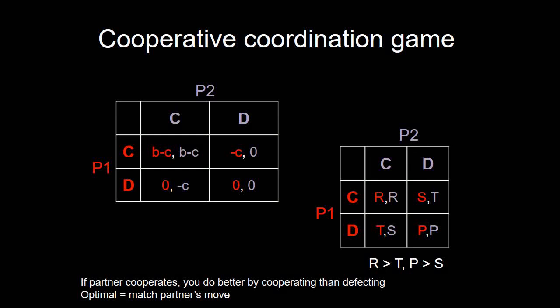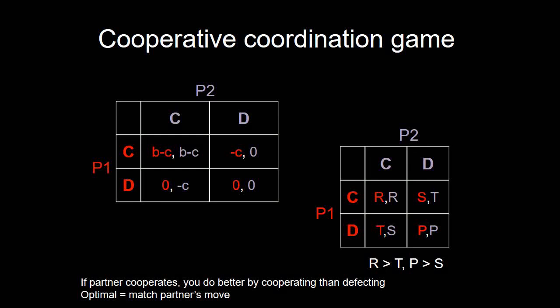And this is what's required for a coordination game in general, and for this to be a cooperative coordination game, that is to say that CC is better than DD, we also want R to be greater than P, so that again the mutual cooperation outcome is what's desirable. And again, the key idea here is that the optimal strategy is to do what the other person does.